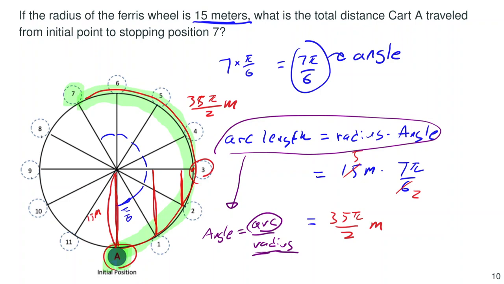Also the sine function from position 3 to position 6, from here to here. Look at this. Start at 0, the vertical distance is increasing. So the sine function is increasing from A all the way to 6.